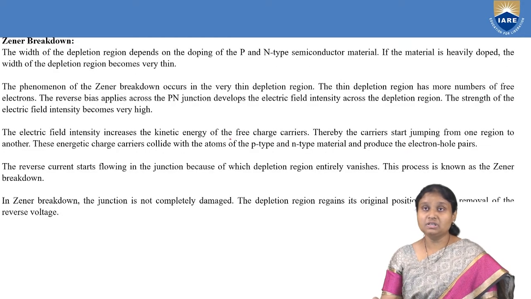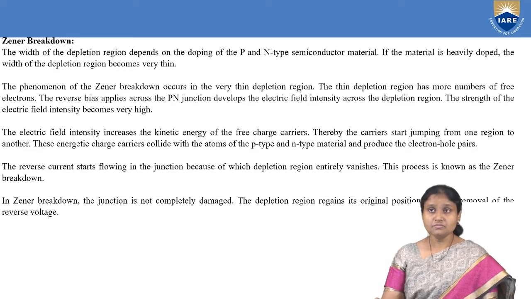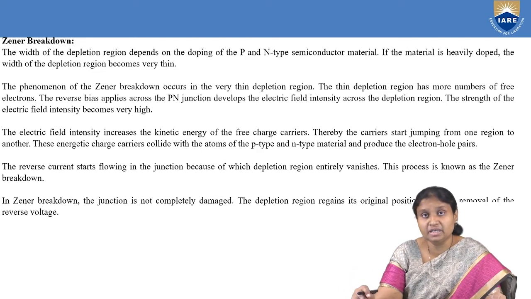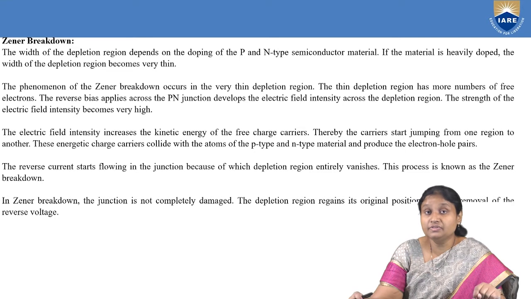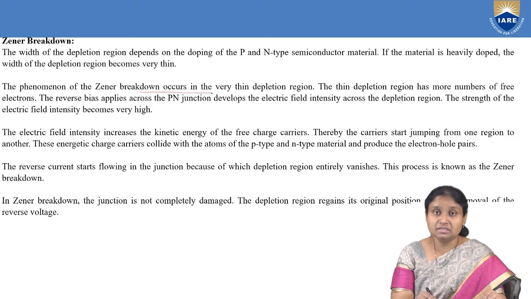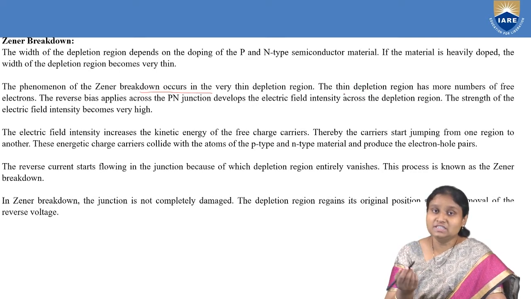Whereas when we talk about Zener breakdown, first thing what we have done, we have heavily doped p-type and n-type semiconductors, and the width of the depletion layer is very small. The Zener breakdown occurs because there is a thin depletion layer, and this thin depletion layer consists of more free flowing charge carriers.